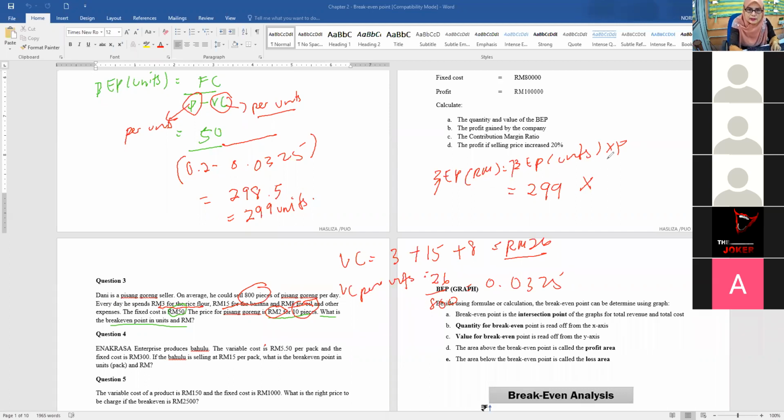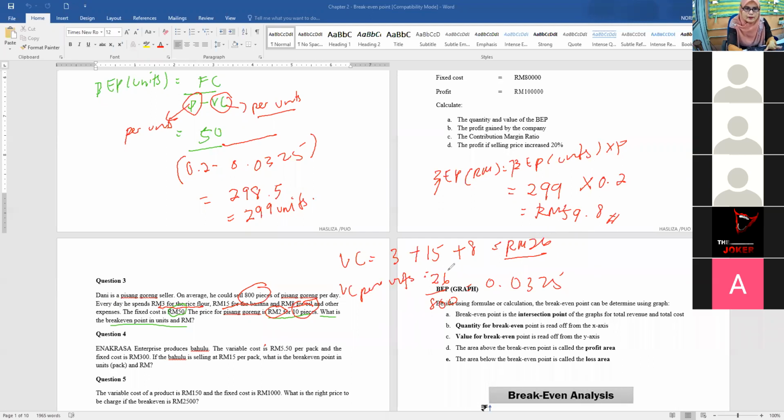Price dia berapa tadi? Price dia 0.2 kan? Price per unit. So awak akan dapat jawapan dia berapa? 59.8. Ini jawapan dia. Boleh faham tak semua?